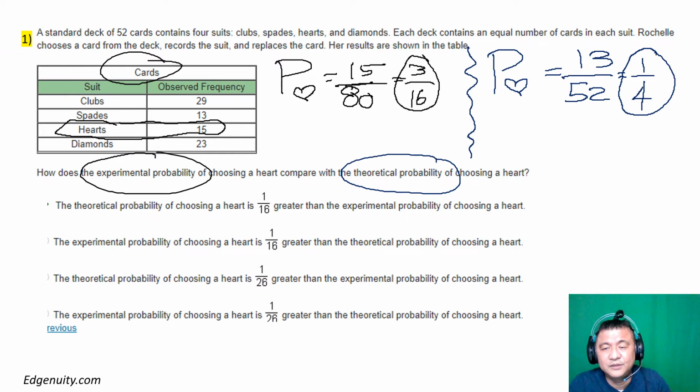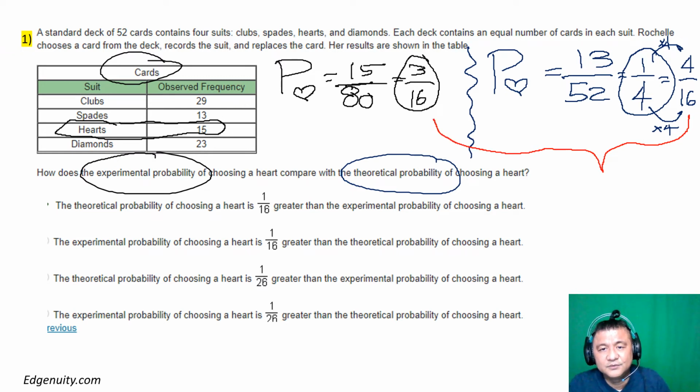Instead of writing 1/4, I could rename this to make it the same denominator, 16. So what did I do? Times 4, and then you are also times 4 for 16. Now, I want to know the difference between these two. 4 over 16 minus 3 over 16 gives me 1/16.